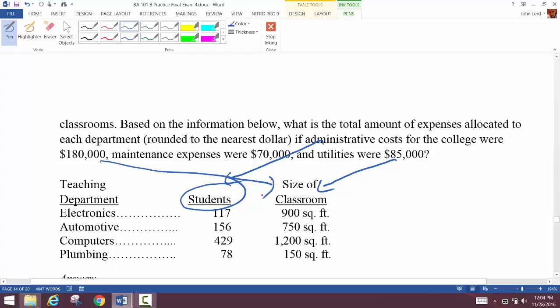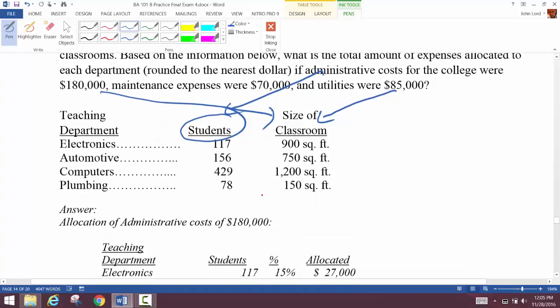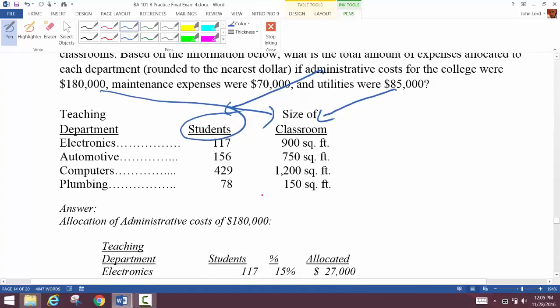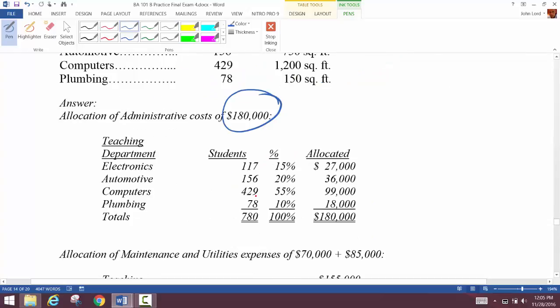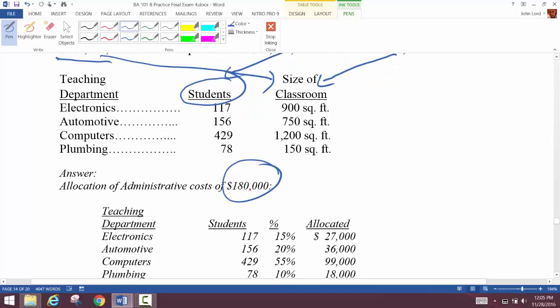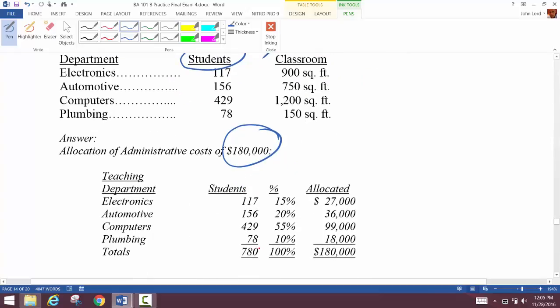Okay, so let's see how we're going to do this. First we'll do the administrative, which is based on students. So we pick up that $180,000 that we're going to allocate, and we add up the number of students. There's a total of 780 students.